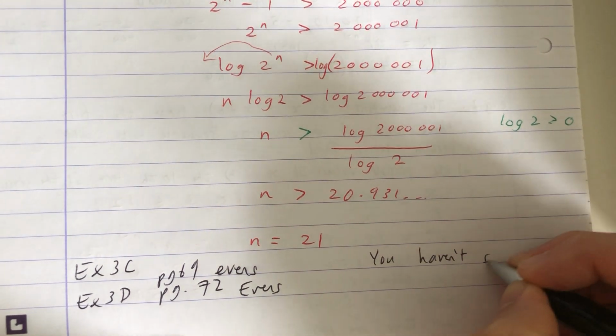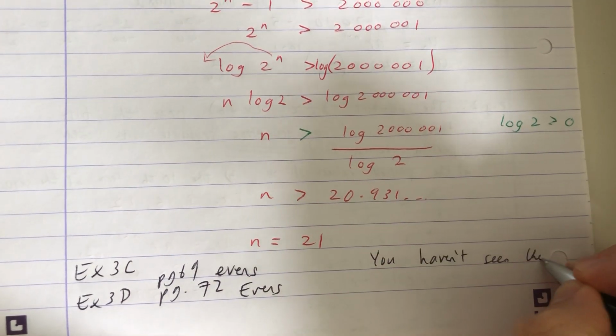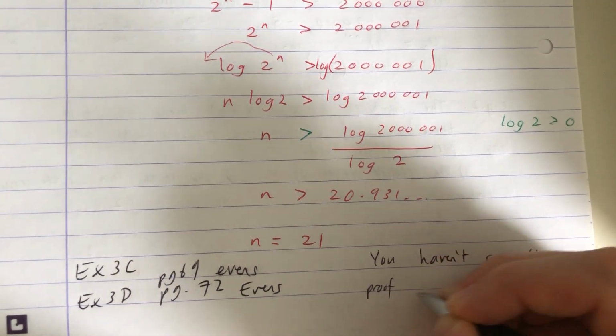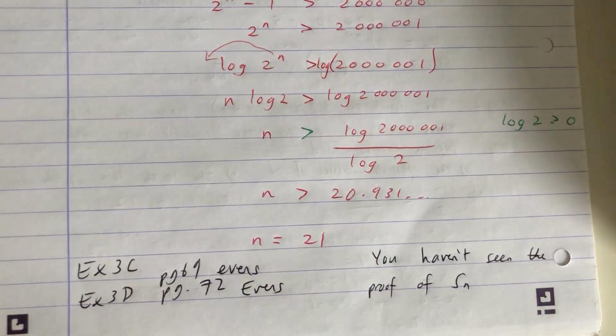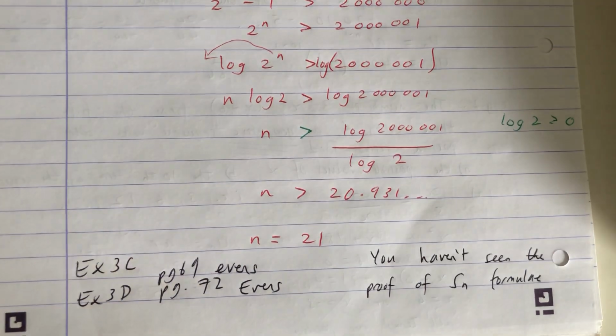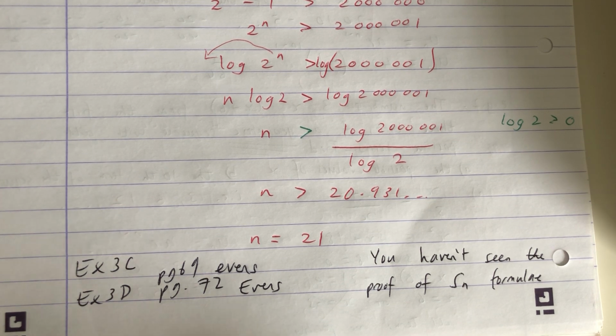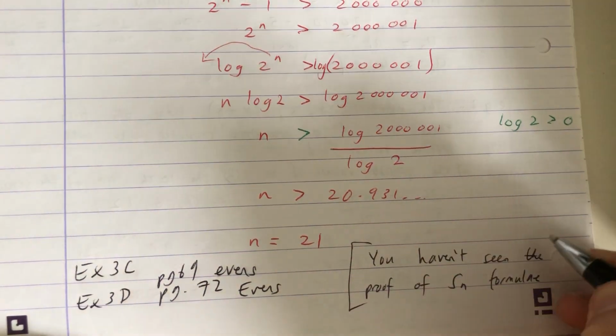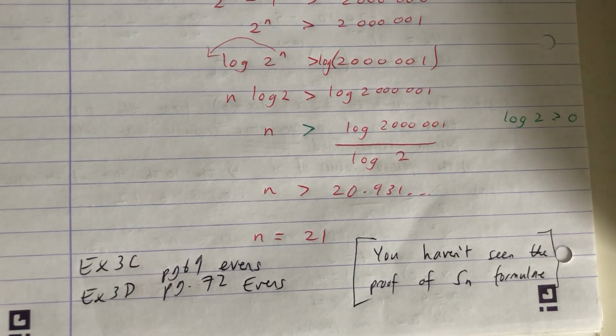You haven't seen the proof of the sum formulas for either arithmetic nor geometric, so you haven't seen either of them. So that will be done next year. Okay, so just in case you do some revision on geometric and arithmetic stuff, you think, well, why are they asking me to prove something which I haven't seen this proof? It's just you haven't been shown it yet, but you will be shown it next year.